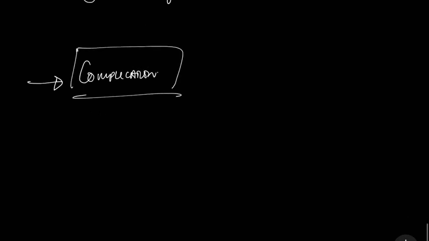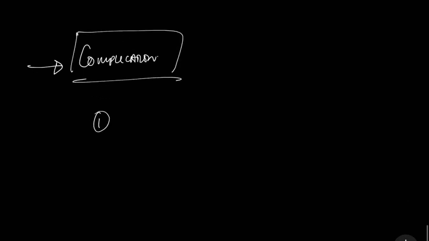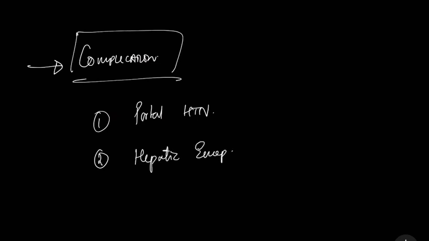Coming to the complications. All right. So the first complication, which I'm sure you all would know, is your portal hypertension. All right. Second, hepatic encephalopathy. Now, because of this, the patient presents with confusion.